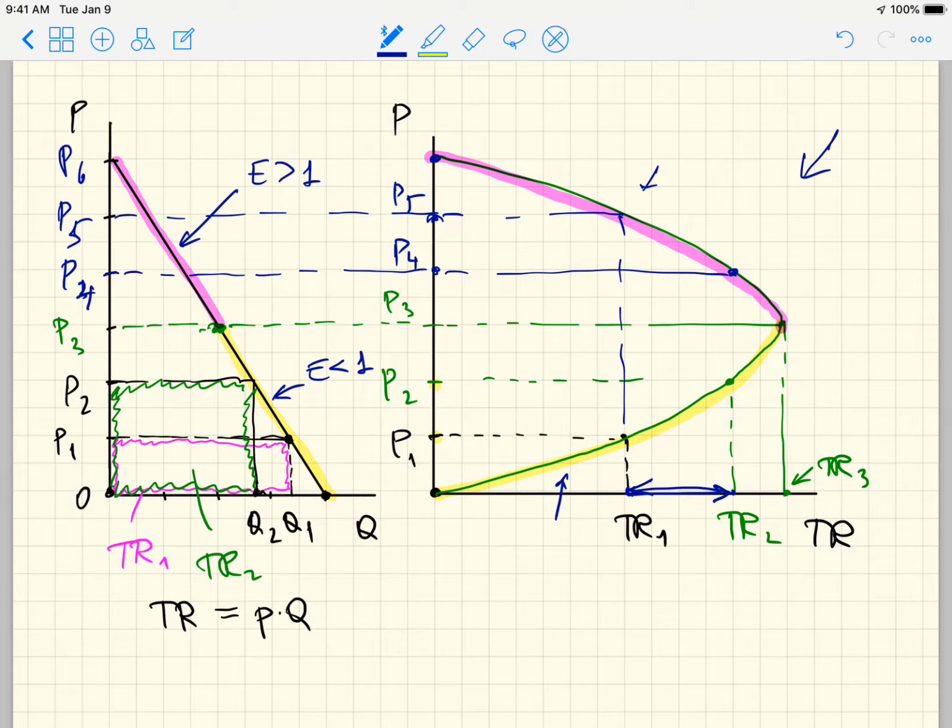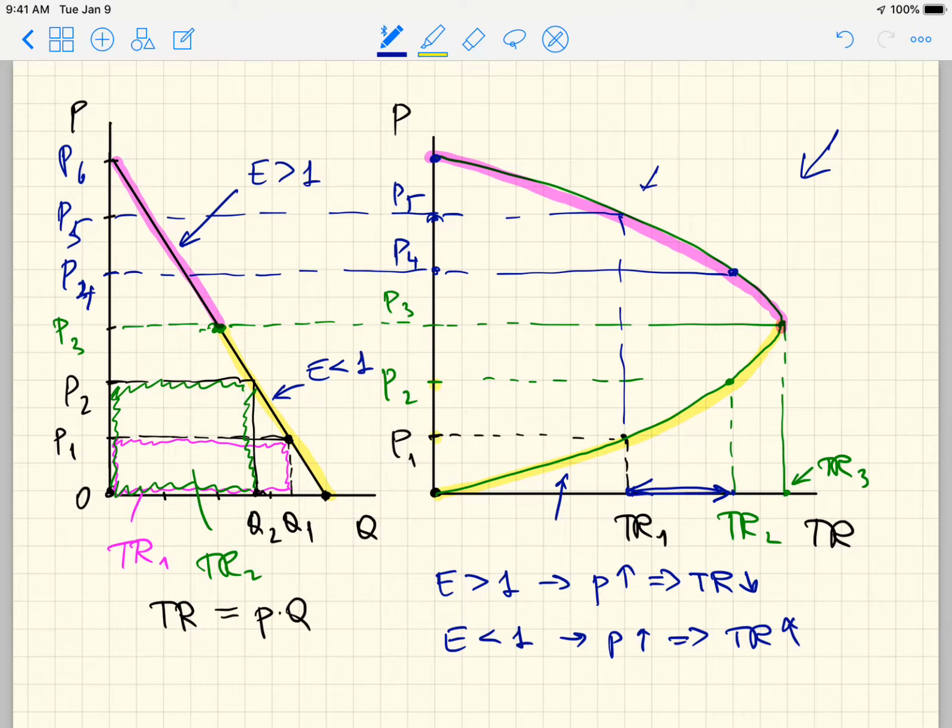We can conclude that if demand is elastic, then as price goes up, total revenue actually goes down. And if demand is inelastic, then as price goes up, total revenue goes up as well.